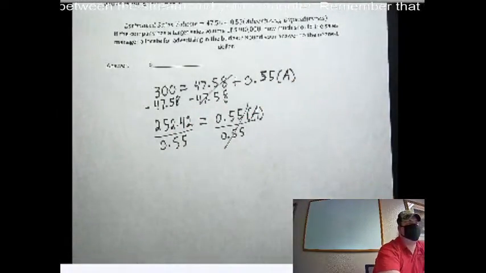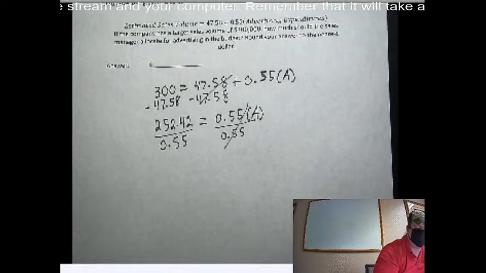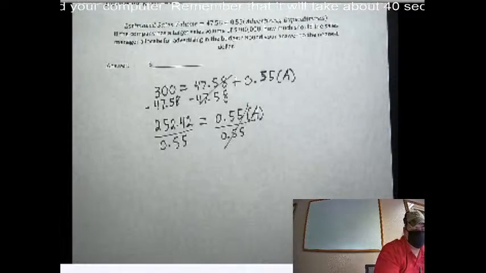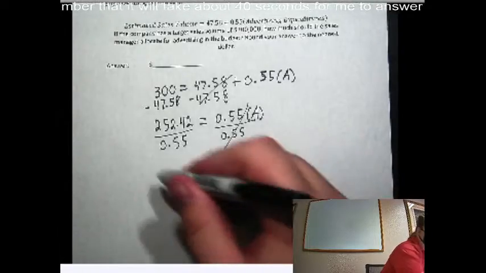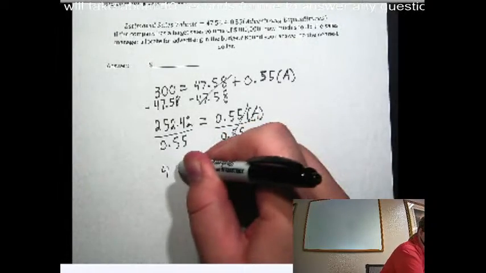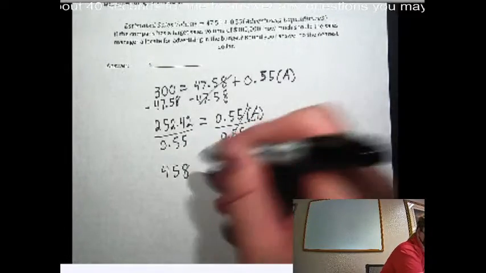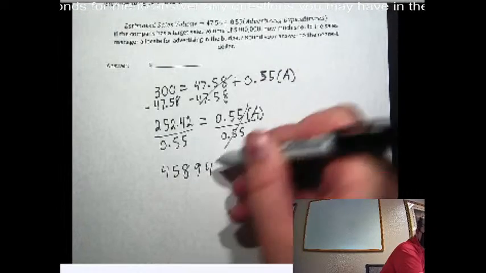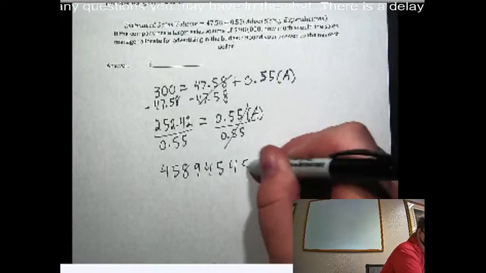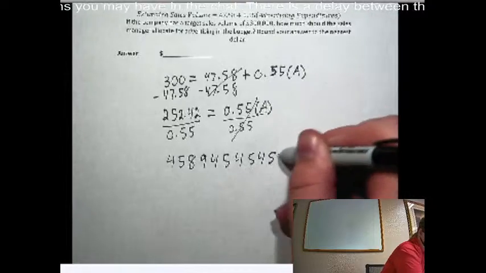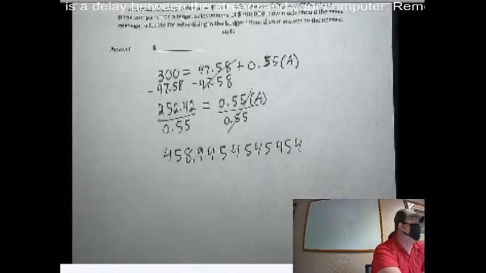So that cancels out. Let's see what we get here. Divide by 0.55, and we get 458.9454545. Oops, forgot the decimal. 458.454. I think you can get the rest.